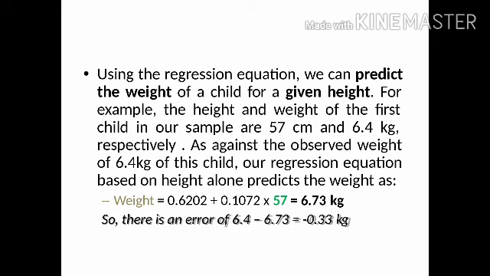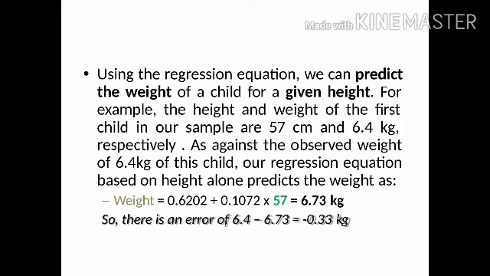Using the regression equation, we can predict the weight of a child for a given height. For example, the height and weight of the first child in our sample are 57 cm and 6.4 kg respectively. Our regression equation based on height alone predicts the weight as follows: we put these values into the regression equation.